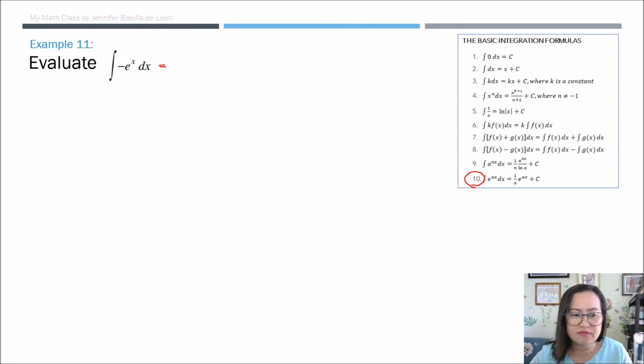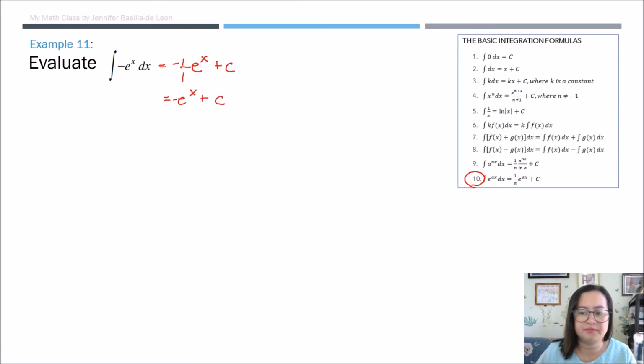So you shall have negative 1 over 1 e raised to x plus c. So therefore, we'll just have negative e raised to x plus c. Now let's have example number 12.